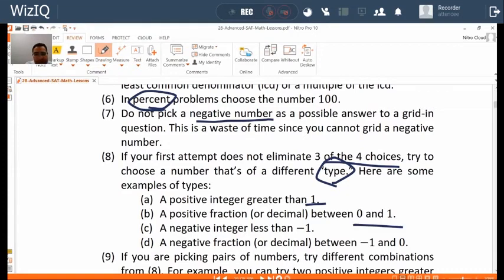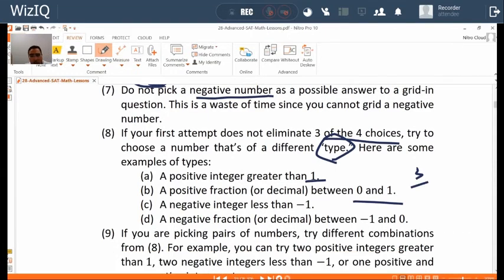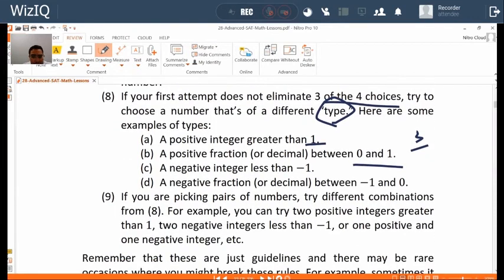A fraction is the same as a decimal; it's just how you write it. If you say a fraction like 3 by 10, that would be 0.3, right? Or a negative integer less than -1, or a negative fraction or decimal between -1 and 0.